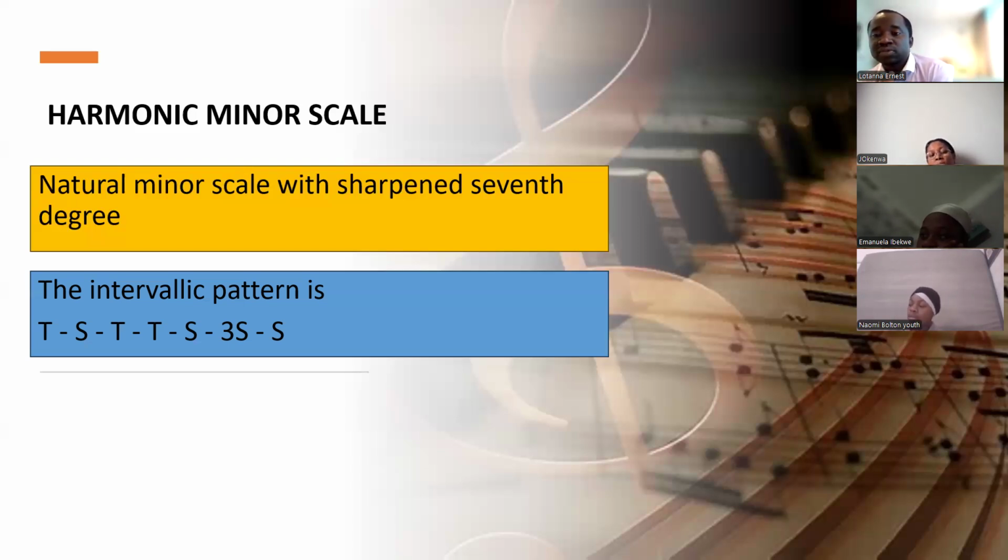Else you want to do this. Why do we say 3 semitones? Because remember, when you sharpen the 7th degree, the distance from the 6th degree to that sharpened 7th degree is now 3 semitones. For example, from F to G sharp is how many semitones?